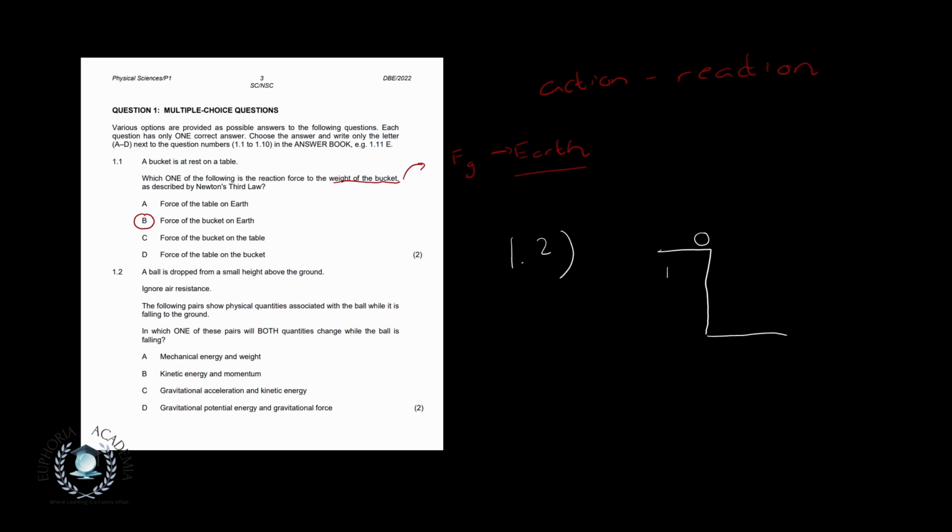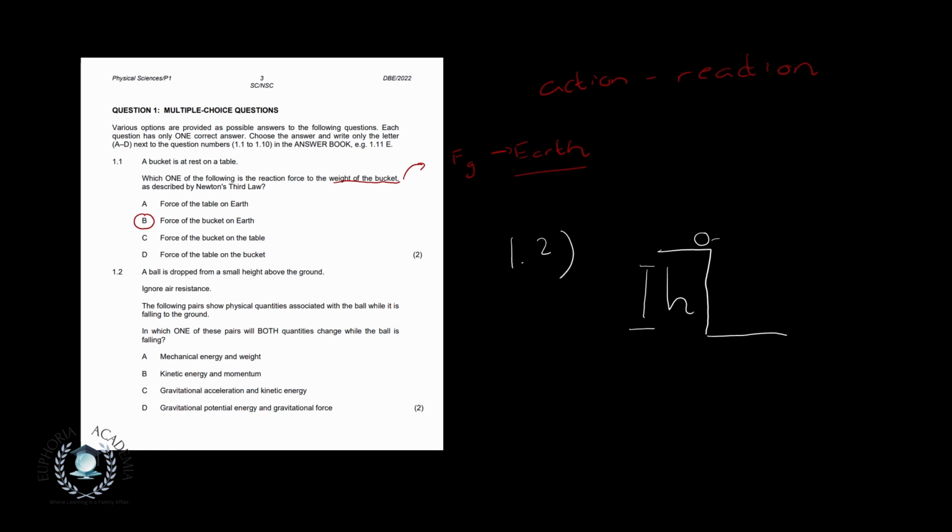So let's just call this the small height h. We need to ignore air resistance. That means this ball is in free fall. The following pairs show physical quantities associated with the ball while it is falling to the ground. In which one of these pairs will both quantities change while the ball is falling?